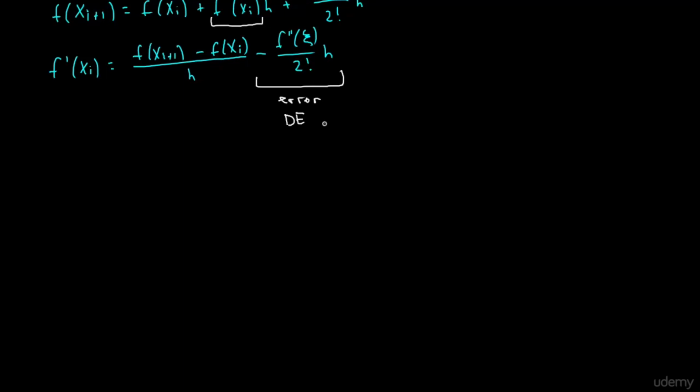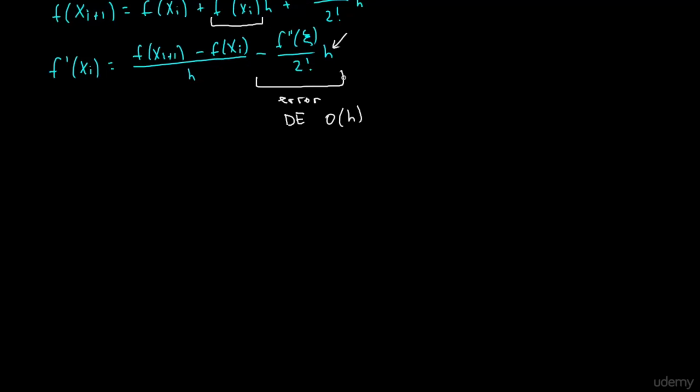So we can say that this discretization error is on the order of h, because h is the multiplier to this entire thing, and it tells us that the smaller the h value, the smaller the overall error is. So this is what it looks like for a forward difference.